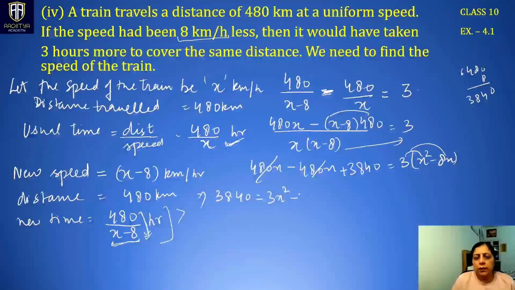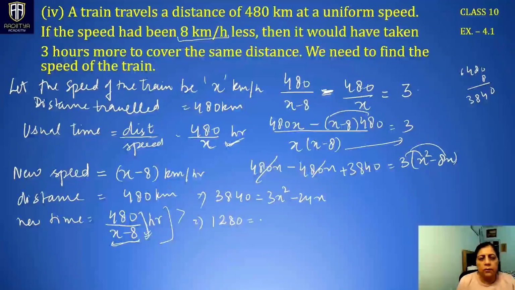3x square minus 3 8s are 24x, right? You can see 3 is a common factor. 3 is common to both terms here, and 3840 and 24. Yes, 3 can be taken out. So we have 3 1s are 3, 3 2s are 6, 3 8s are 24.